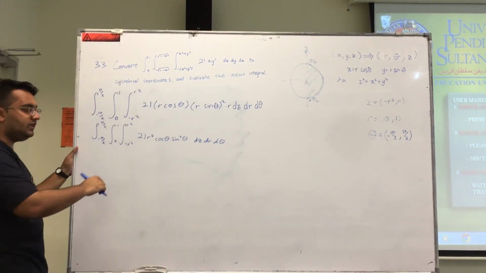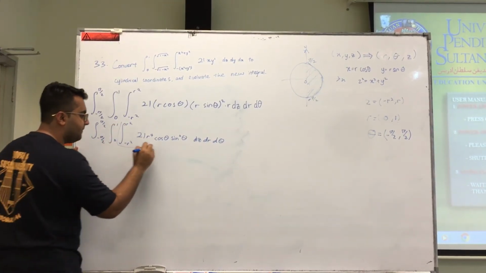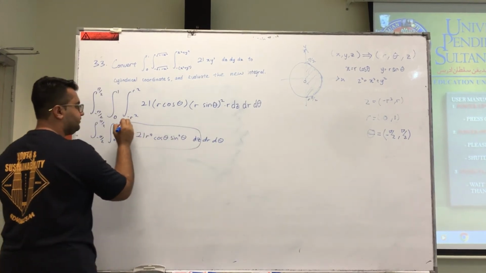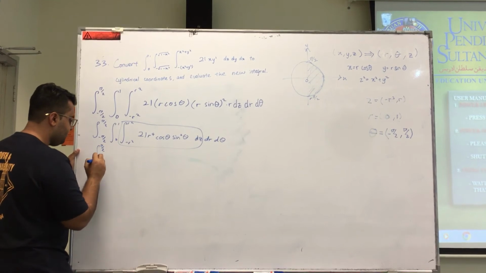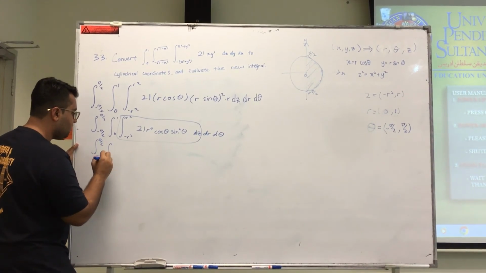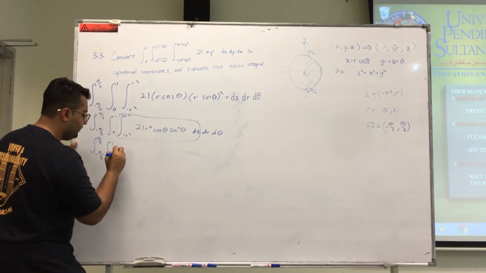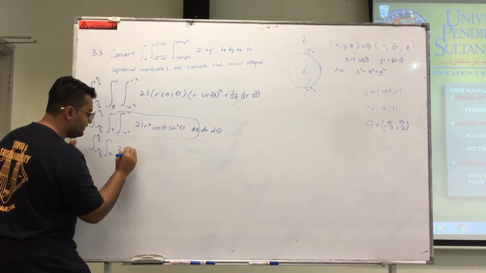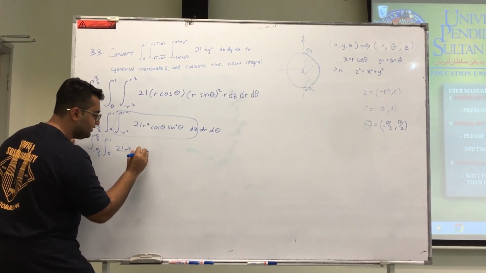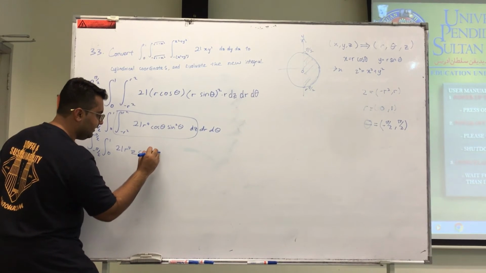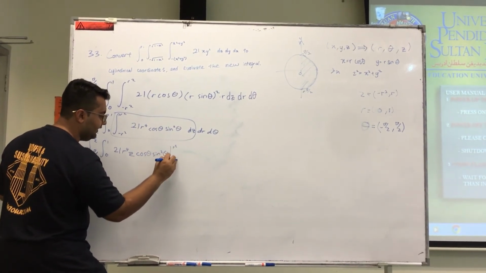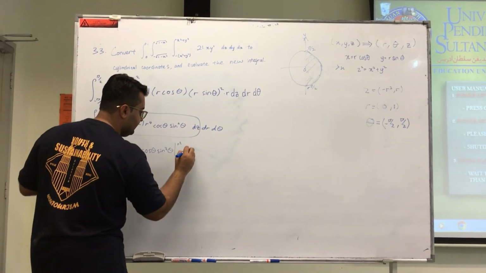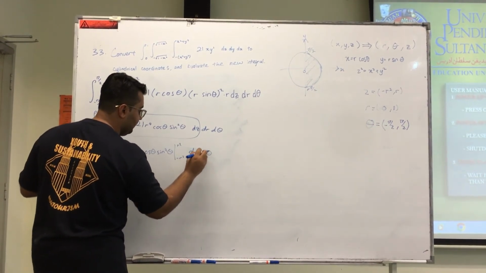So to integrate, first we integrate this first, and when we integrate, we will get 21 r^4 z cos theta sin square theta with respect to r square and negative r square, dr d theta.